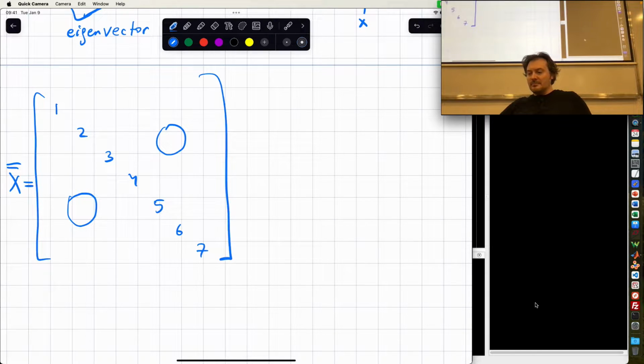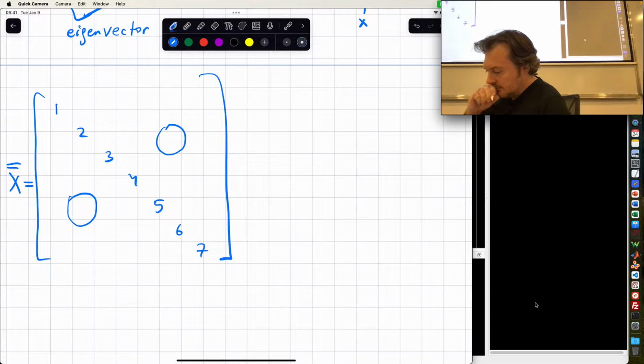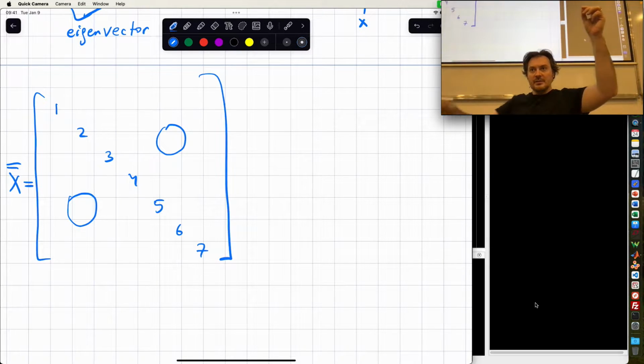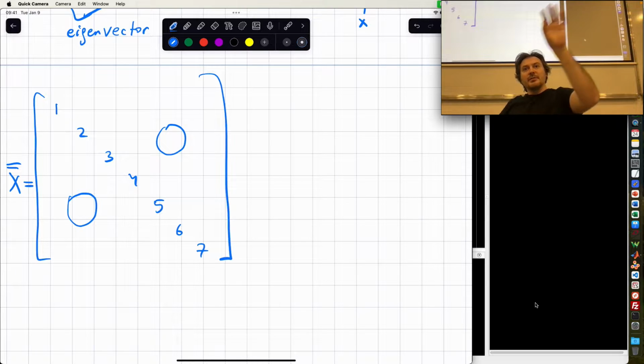Let me tell you why. Anybody who knows what the eigenvalues of such a matrix are? Eigenvalues. The diagonals, right? When it's all zeros everywhere in a matrix except the diagonals, then the values on the diagonals are actually the eigenvalues.